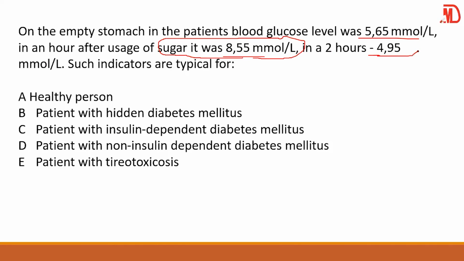So this means the indicator here is typical for a healthy person. And assuming after 2 hours the sugar level was maybe 8 or 9, we could say this person is diabetic. So here we are talking of a healthy individual.